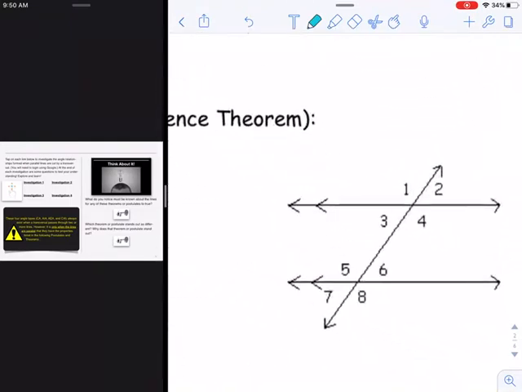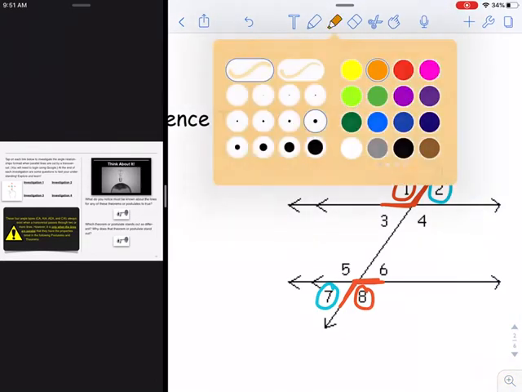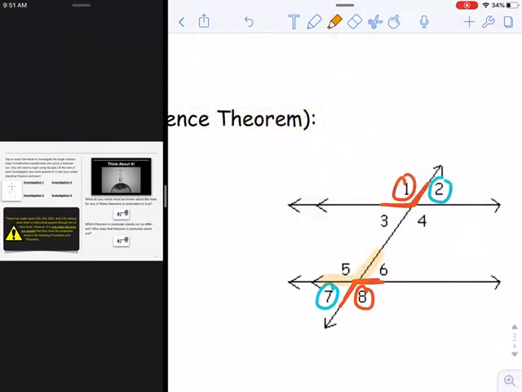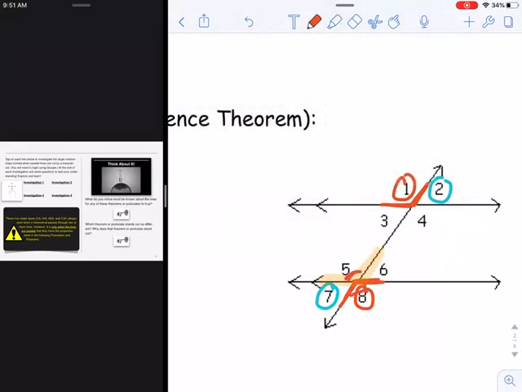All right. So alternate exterior angles are 7 and 2, or even 1 and 8. Let's focus on 1 and 8, just because. What appears to be true about them? Well, when we emphasize them, they look congruent. Well, 5 and 8 are congruent because these are vertical angles.